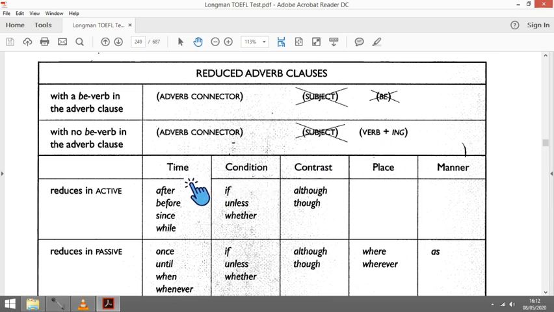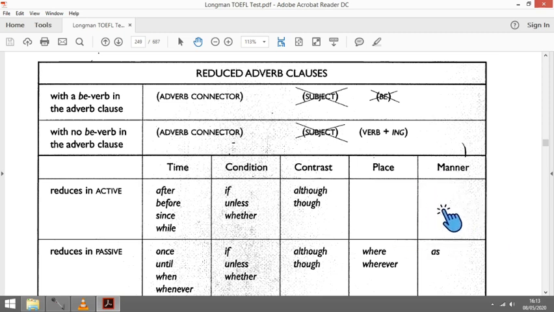Some of them we can reduce in the active, and we can reduce in the passive. But some of them, place and manner, we can't reduce in the active voice.